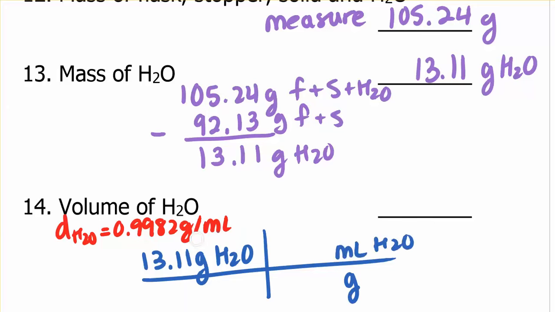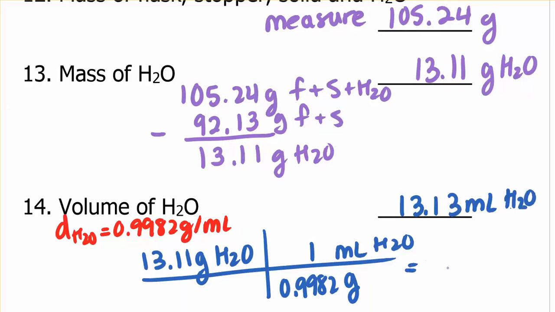And when I use this density, I need to make sure the 0.9982 stays with the grams. So it goes down here. So I'm dividing to get those grams to cancel. My calculator said, and I went ahead and rounded that.